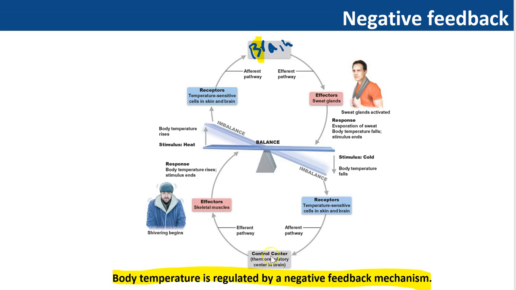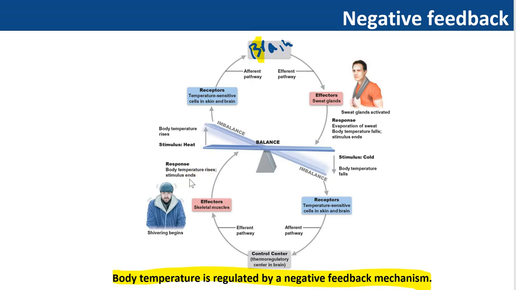The temperature control center sends signals through the efferent pathway to the effectors, which are skeletal muscles. We start shivering. So the skeletal muscle can produce heat. In this way, our body temperature rises and the stimulus ends.